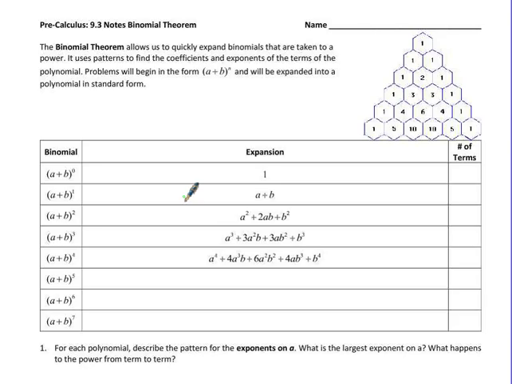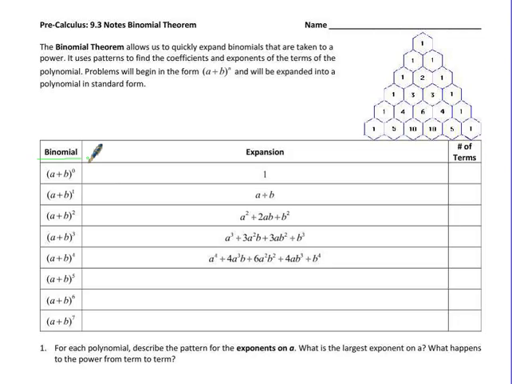So let's find some patterns that are good shortcuts when we want some or all of the terms when you multiply binomials. First, we have a column for raising the binomial a plus b to increasing powers. The large middle column will be the result of multiplying the binomials, and we can fill in the final column with the number of terms in those expansions.